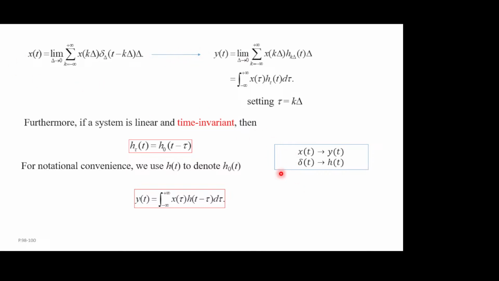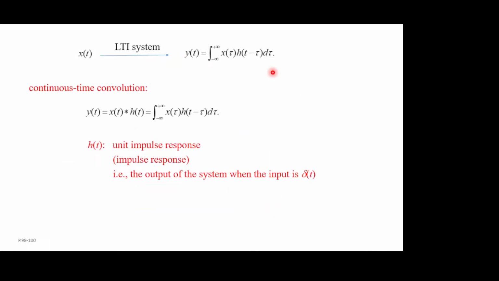So x is the input that maps to y as output, and delta of t as input maps to h of t as output. We were a bit hand wavy, using this triangle notation to derive our convolution here. But this convolution formula is the thing we'll keep using.